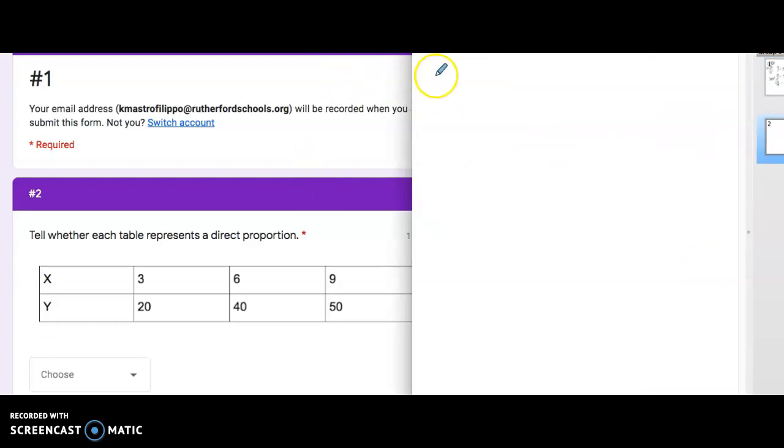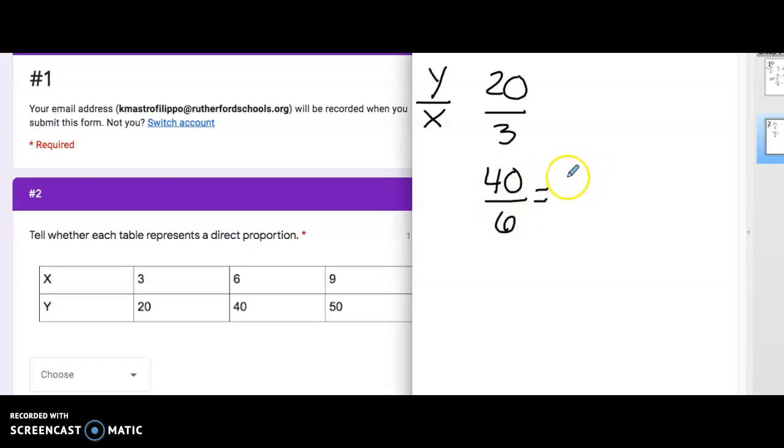Next. All right, my next table, let's use a new slide. Remember, y over x always. So I have 20 over 3, which we cannot simplify. So let's move on to 40 over 6, which I can simplify. So let's divide by 2. We get 20 over 3. That works.